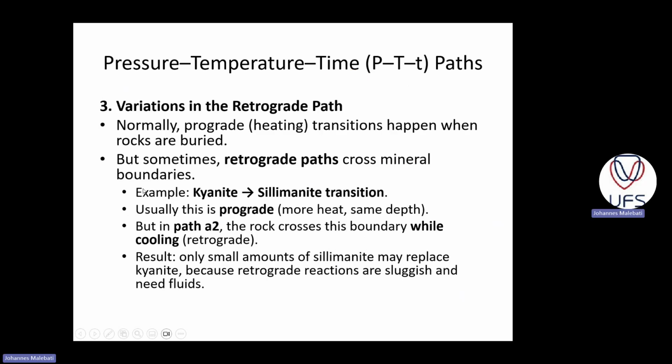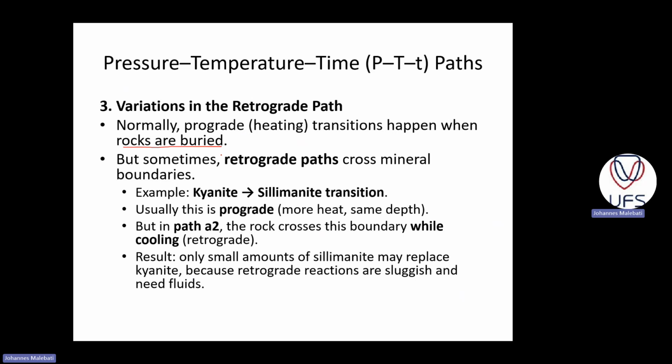Another thing we should take into consideration is the variations in the retrograde paths. Normally the prograde transition happens when rocks are buried. Immediately when we bury the rocks, the prograde transition happens.